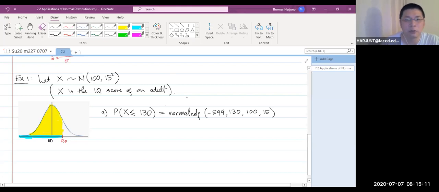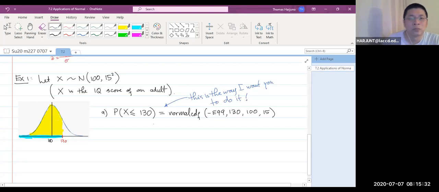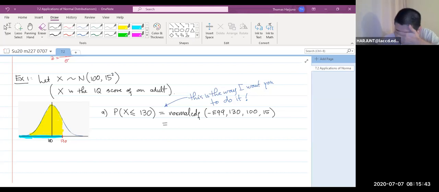This is the way I want you to do it. Then you use your calculator, and I think you will get 0.975 as well.